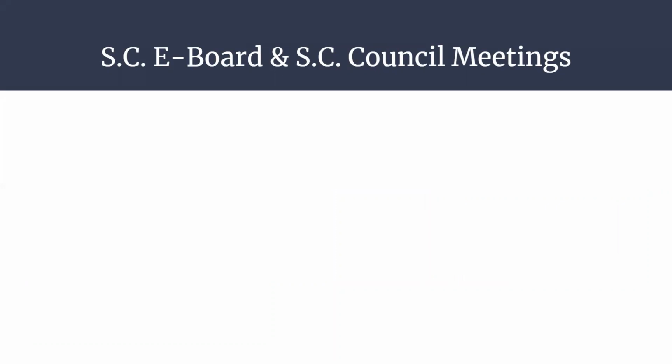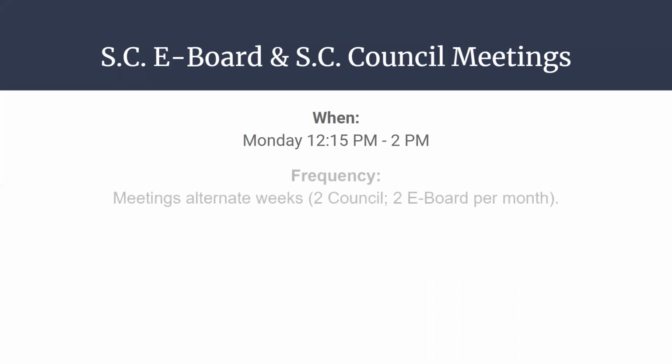Let's get into the different types of meetings that we hold. First, they're held every Monday from 12:15 to 2 o'clock, unless we've scheduled or there is some other event that is taking place that would take precedence, which to my knowledge doesn't happen. And then the frequency of these meetings is that they alternate every other week.